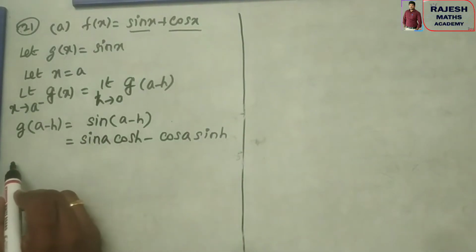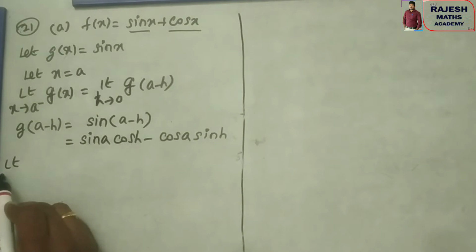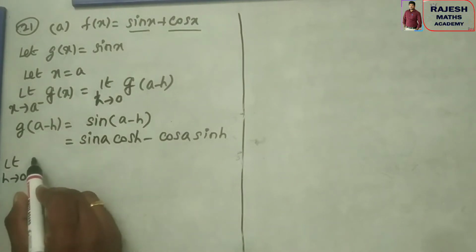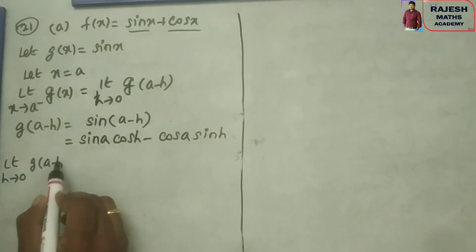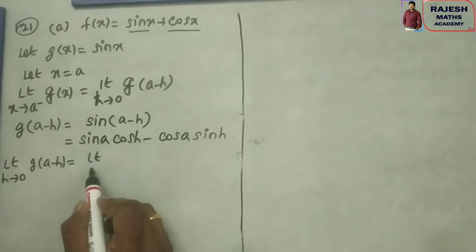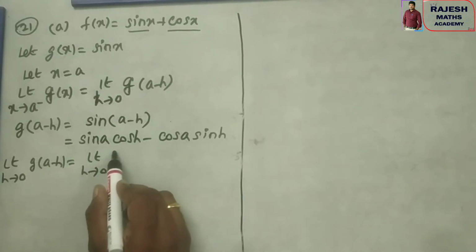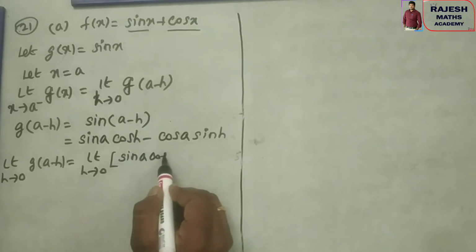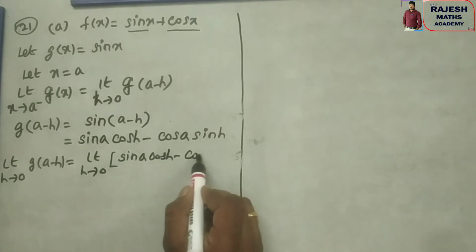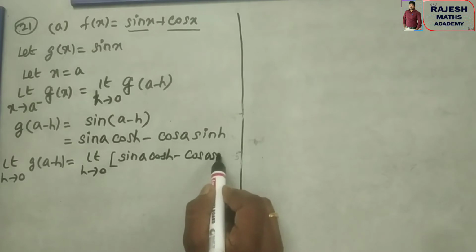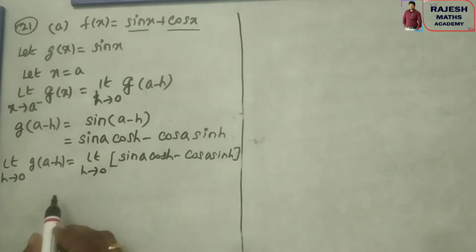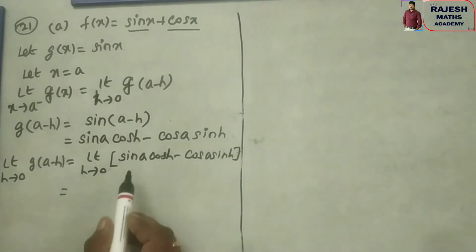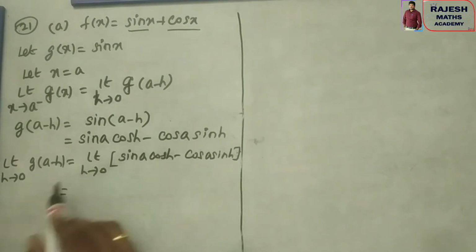Now apply the limit. Limit h tends to 0 g of a minus h equals limit h tends to 0 of sin a cos h minus cos a sin h. We can split the limit, and what is independent of h we can take outside.